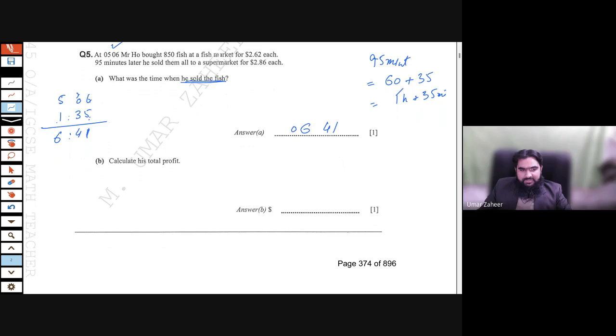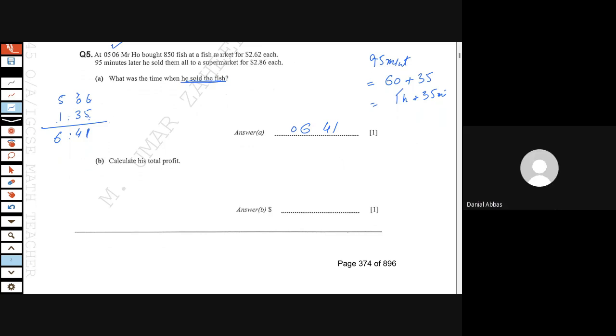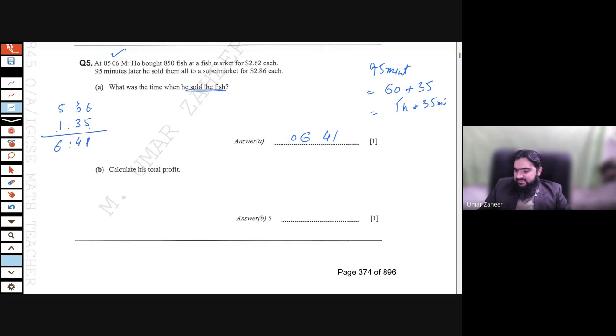In the next part, he says that you have to calculate the profit. So the profit is obviously the difference in the price: 2.86 is the sale price minus 2.62 is the purchase price.